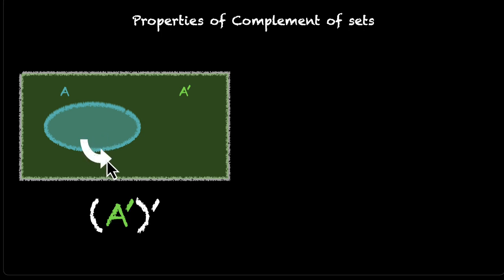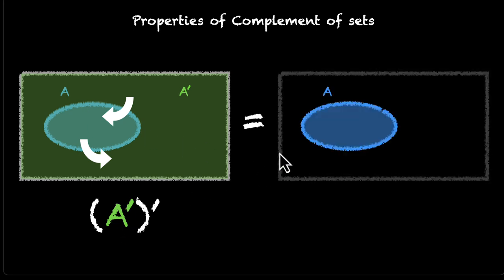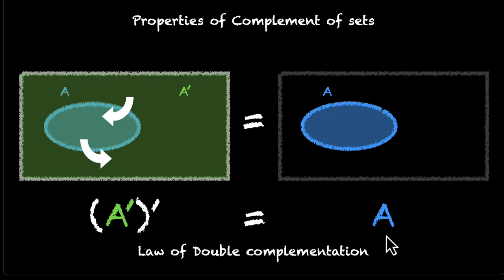Now when we're taking the complement again, we'll move inside the blue line, which means we go back to the starting point, we reach A itself. So A dash dash should be equal to A. Think of it as a negative sign, the opposite. If you take the opposite's opposite, you get to the same thing. So A dash dash is equal to A. And this is called the law of double complementation.